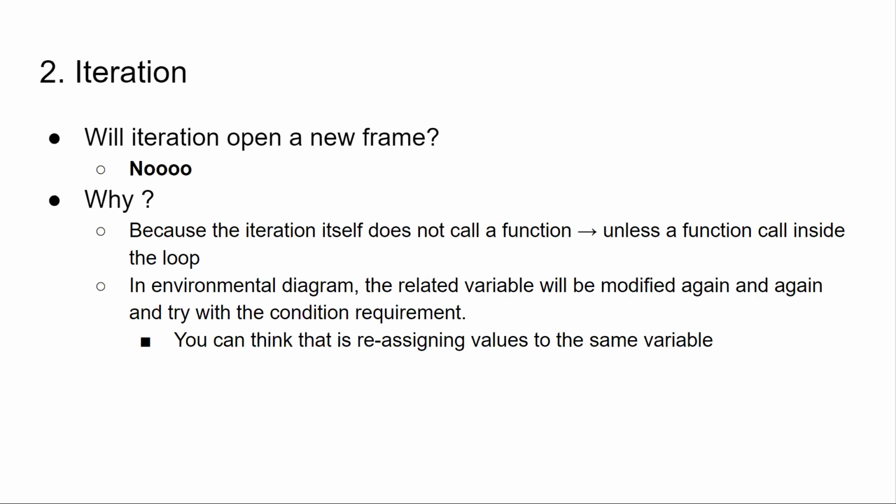When you modify the variable inside the while loop, the loop will run again and again until it cannot satisfy the condition or it hits the return statement. If you assign a variable in the while loop, it will assign again and again, so you can treat it as reassigning values to the same variable.